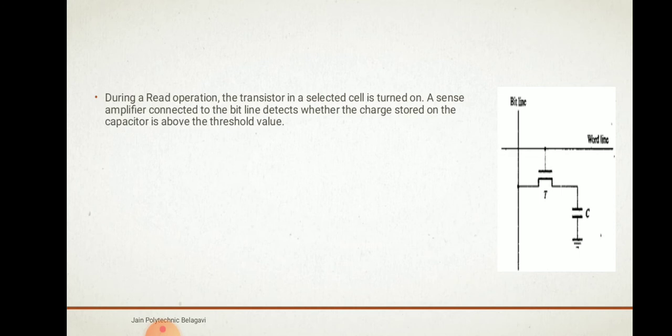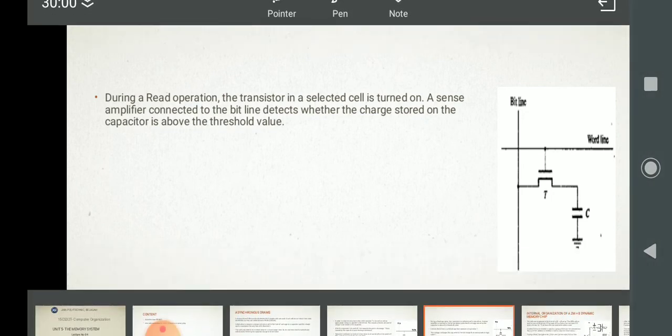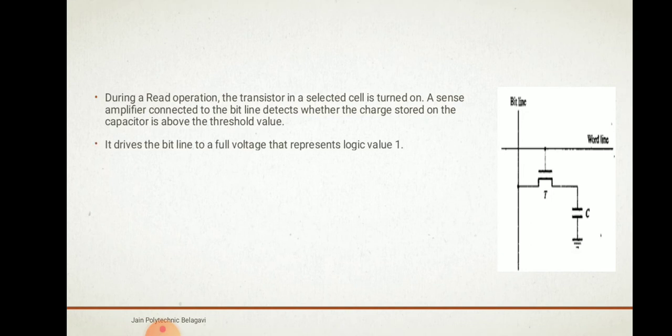It is used to detect whether the charge, or information, stored in the capacitor is above the threshold value. If the charge is above the threshold value, it drives the bit line to the full voltage that represents the logic value 1. So the entire line will be set to 1.